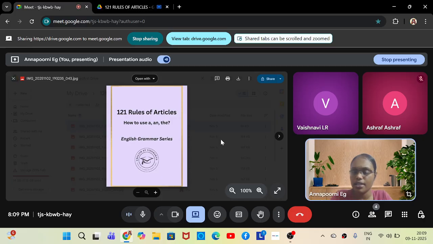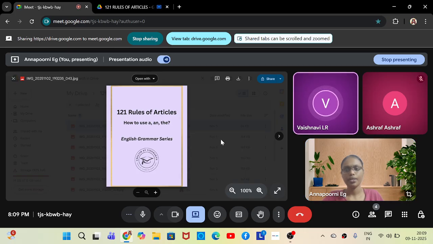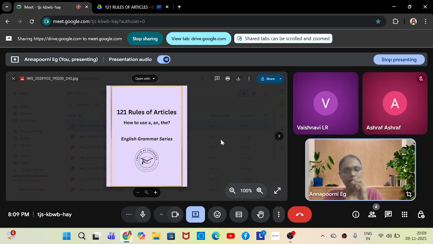If the is the definite article, the other two, a and an, will be indefinite articles. Yes, ma'am. So the is the only definite article in English, and there are two indefinite articles, a and an. So totally you get 1 plus 2, 3 articles.